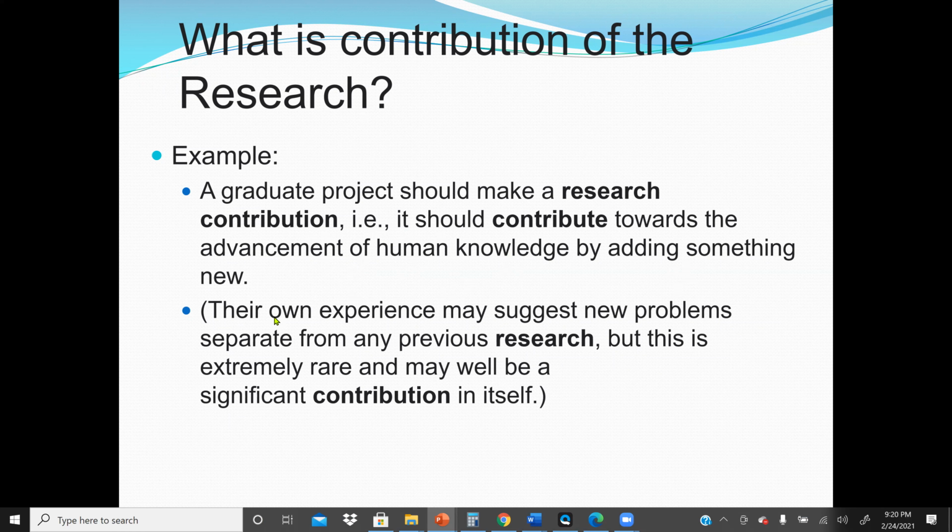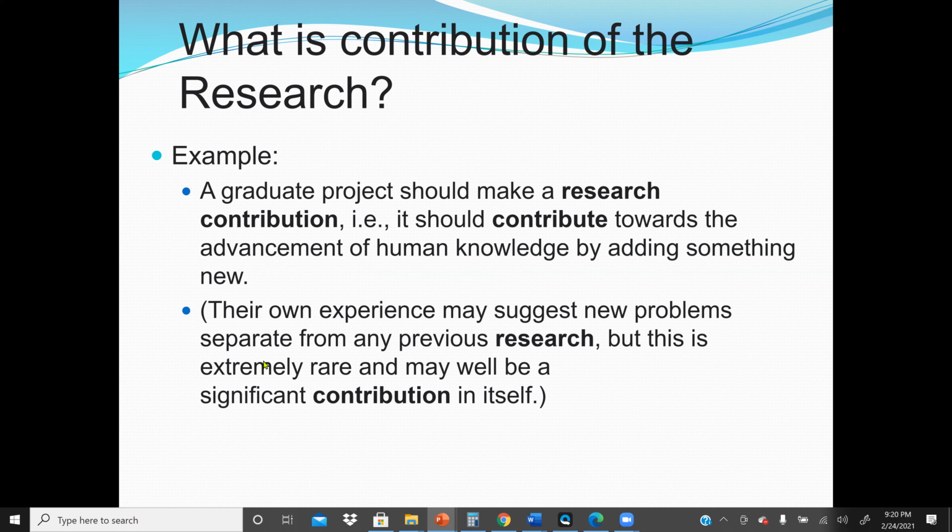In human-computer interaction, we have equipment or devices that can be used to interact between computers and humans. Now, we may come up with a new device or develop a new system which is more user-friendly or more comfortable than the previous device, and this will be a contribution to the field.